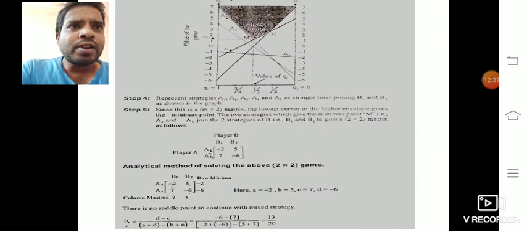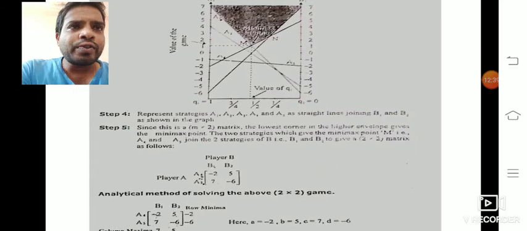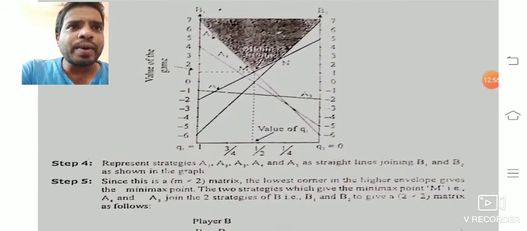Okay, now we need to find the upper envelope region, that is whatever the shaded part is there, we can call it the upper envelope region. For that upper envelope region, find the minimum point, which is denoted by M here. For that point, the value of the game comes at exactly 1, I think.